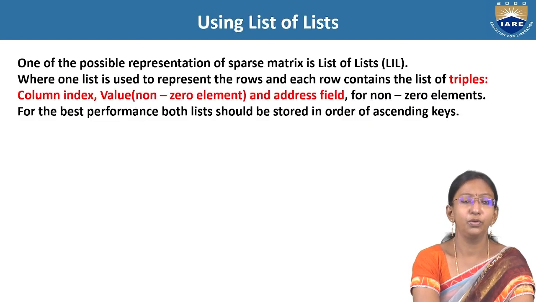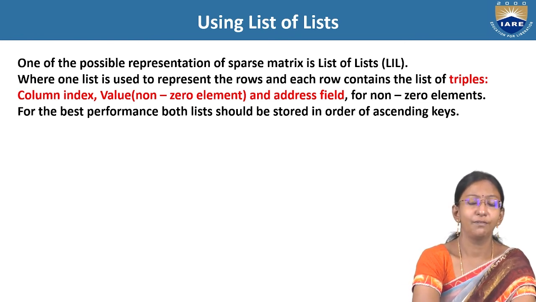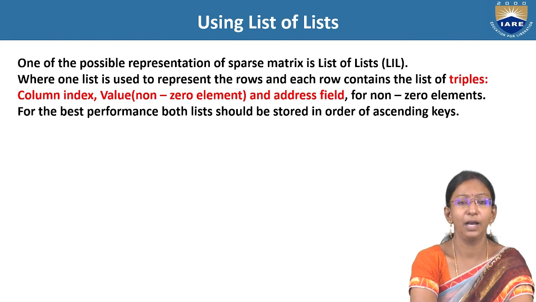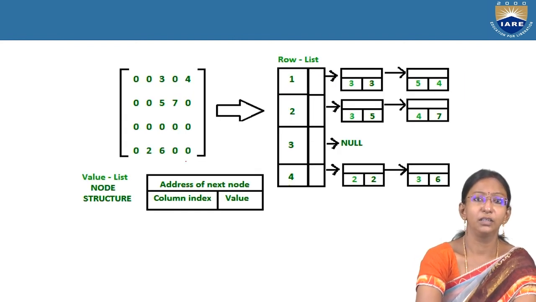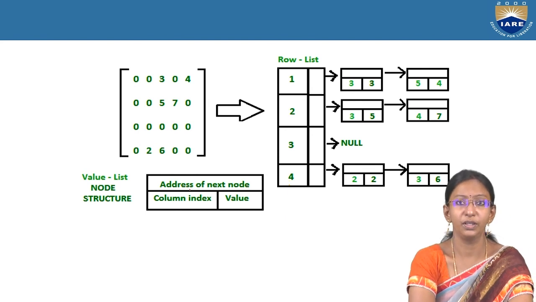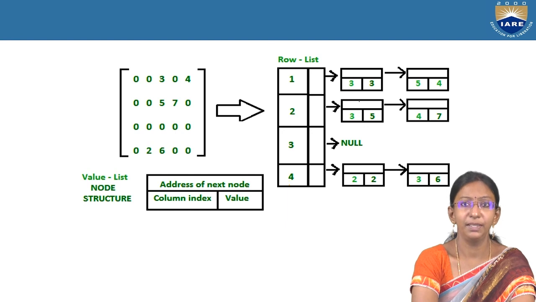The same you can do using list of lists also, right? So it will be triples in nature. It will have column index, the value, and the address field. Have a look at this one. So here you will be having a node, each and every node, in such a way that it will have the column index, the value, followed by the address of the next node.